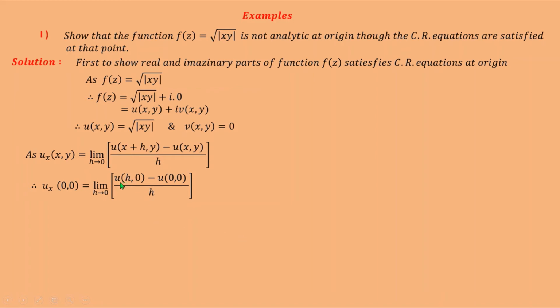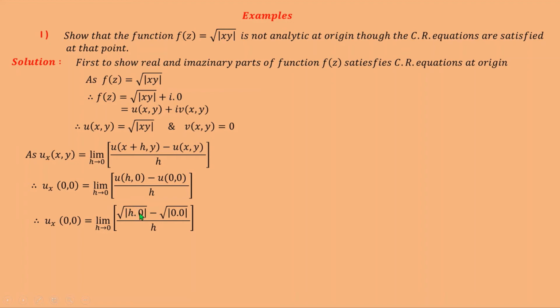Now put these two values, u(h,0) and u(0,0). You know u(x,y) is √|xy|. Put x = 0, y = 0, we get u(0,0), and put x = h and y = 0, we get u(h,0). So putting both values, we get u_x(0,0) = limit h tends to 0 of [√|h·0| − √|0·0|]/h.